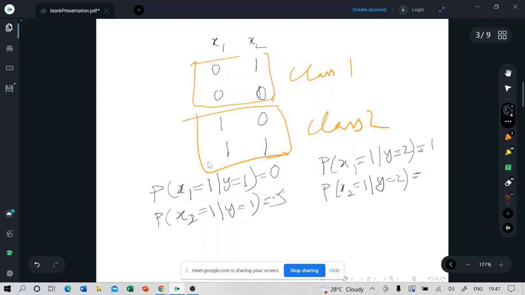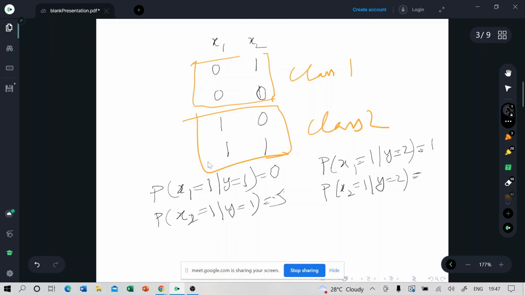To solve this problem, we add small positive numbers to the count of each of the features and each of the classes, basically.